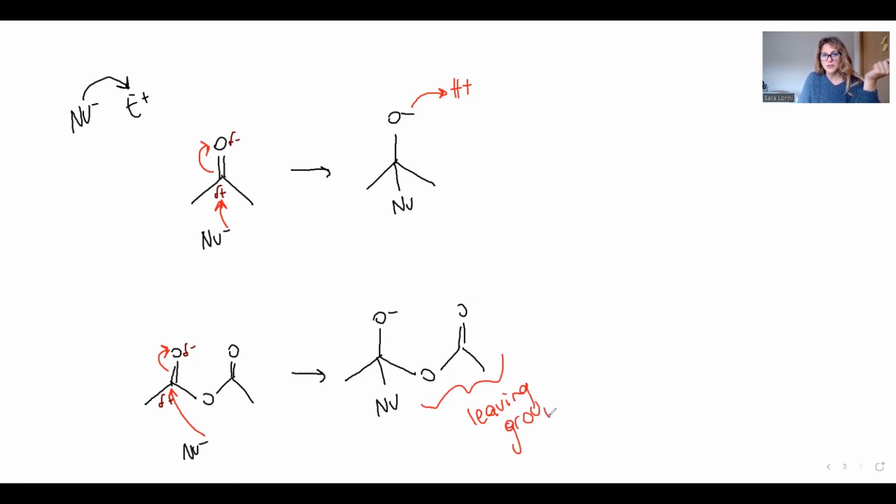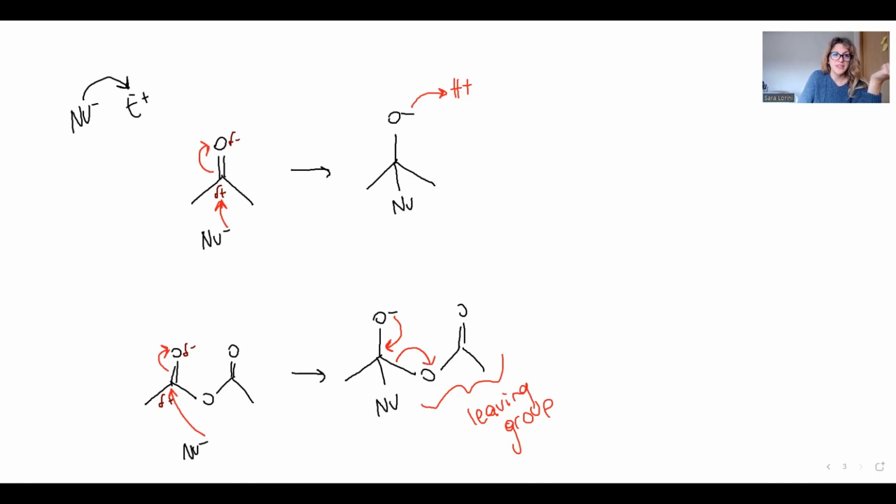And when there is a good leaving group, instead of reacting with a hydrogen, also the molecule doesn't look good, it's so clustered, there's too many things around. The double bond reforms, and the weakest bond will break.